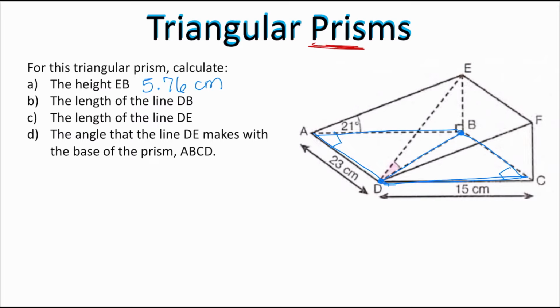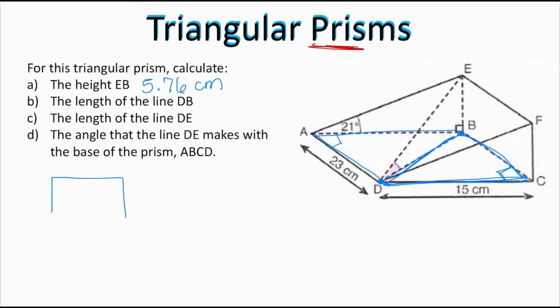I know that right here, I have a 90-degree angle because it is in that corner cut by this diagonal. If you can't decide where the right angle is going to be, one of the ways that you can try to figure that out is to literally take the time to redraw the rectangle so that you see it drawn flat in a way that makes more sense to you.